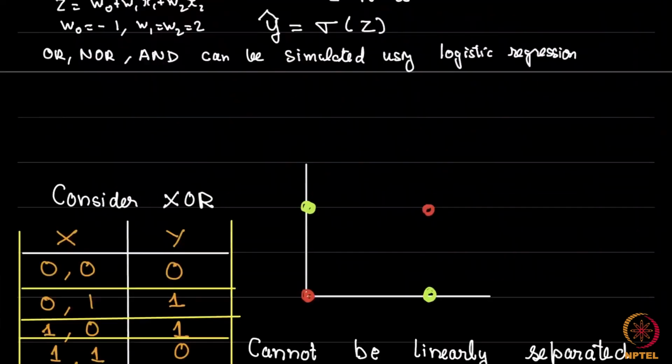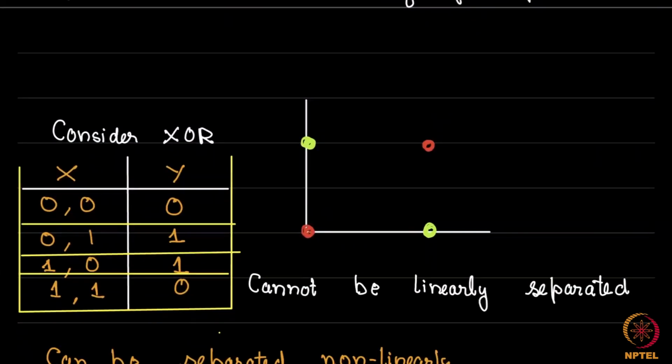So if we look at the XOR gate, it is like this. If you have both the same, whether it's 0, 0 or 1 and 1, you're going to get 0. So this and this are going to be 0. If the two are different, 0 and 1 gives you 1, 1 and 0 gives you 1. Now the problem is this cannot be linearly separated, as I discussed in detail last week.